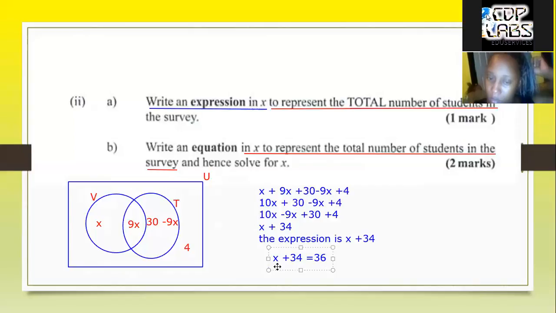What number plus 34 is equal to 36? That's what it's asking you. What number plus 34 is equal to 36? 2. Yeah, 2. True. Good, because you read the question.